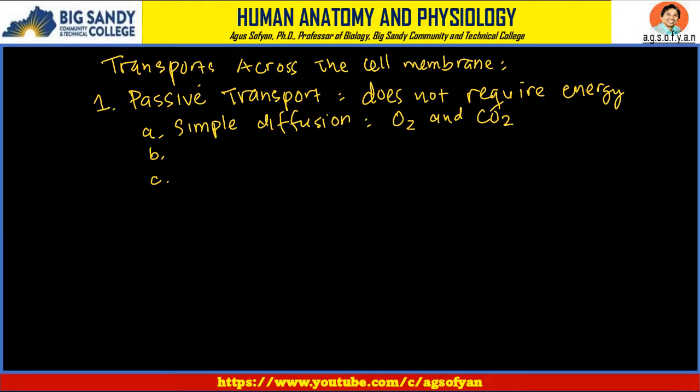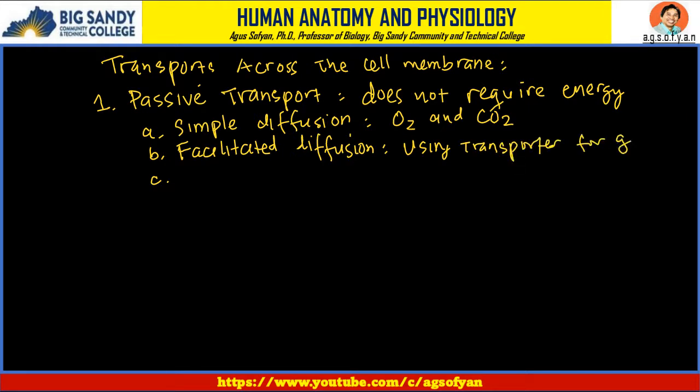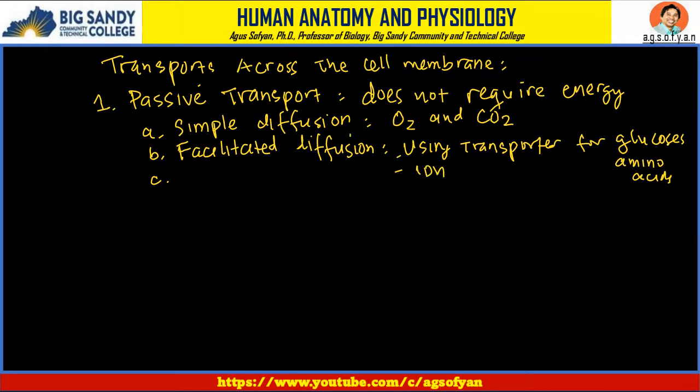The second one is called facilitated diffusion. This is diffusion that requires help. In this case, remember the movement of glucose using a transporter, for bigger molecules like glucose and amino acids, or using an ion channel.